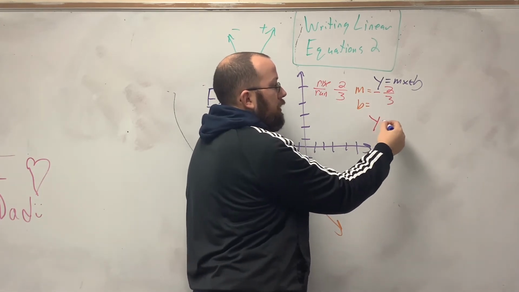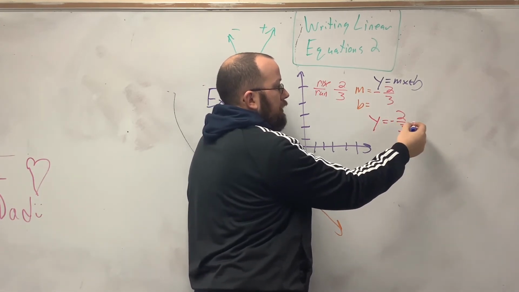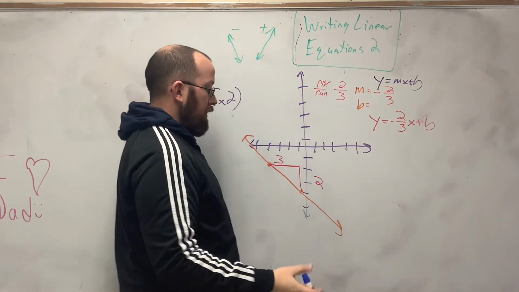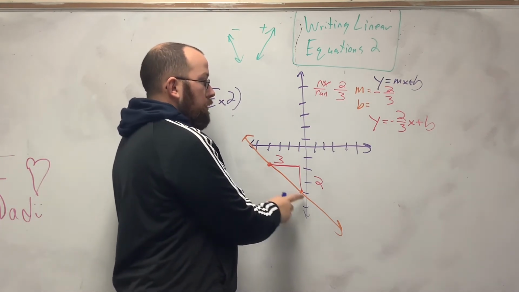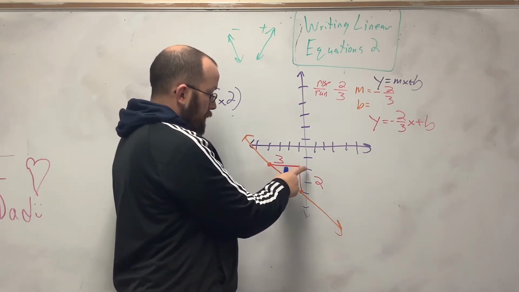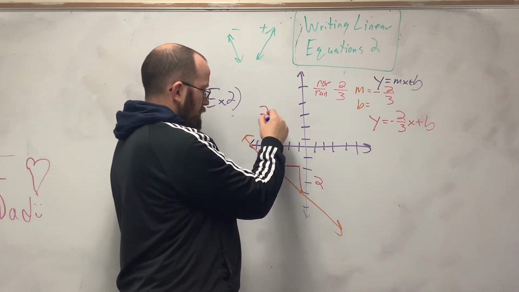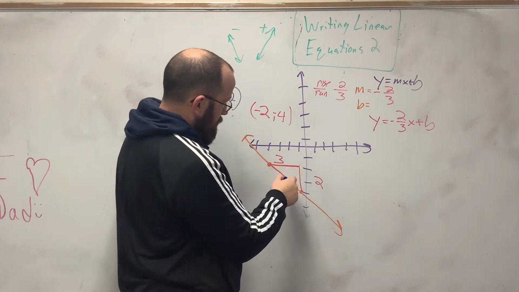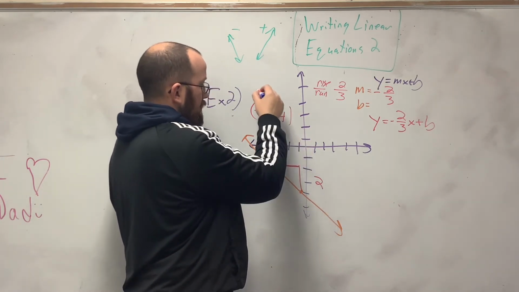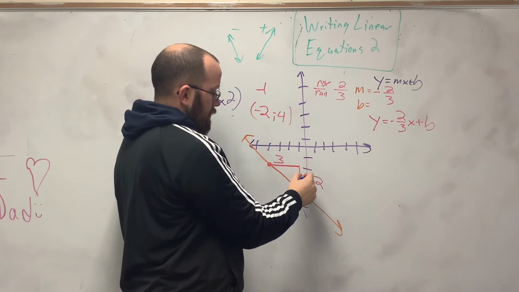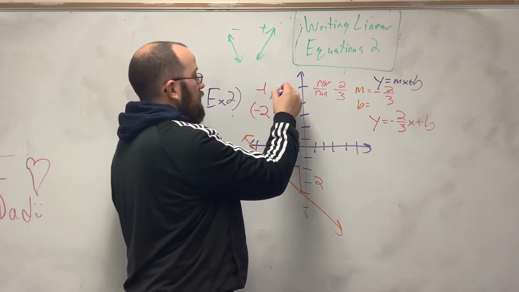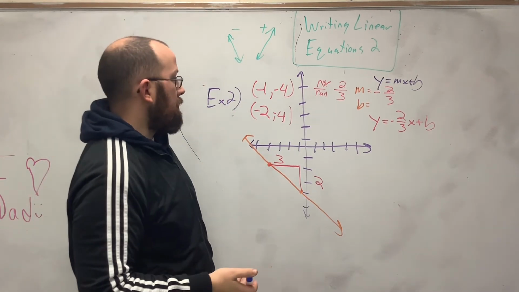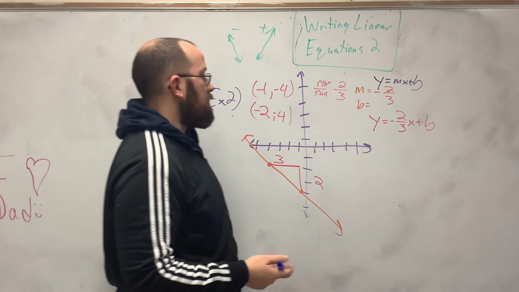I plug in what I know. I already know the x and y, because I have two points: (-4, -2) and (-1, -4). I can plug in either one. I'm going to plug in the one with the smaller numbers.